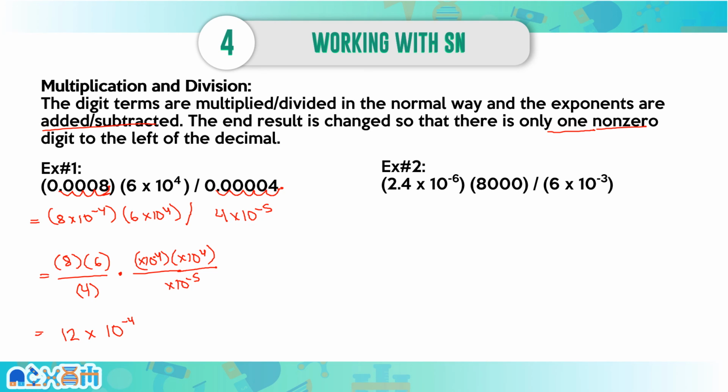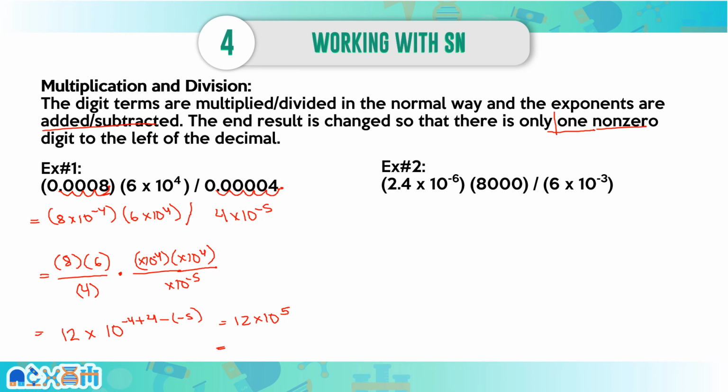Since they are on the upper part of this equation, it means you have to add them. Negative 4 plus 4. And then since this one is in the denominator, that would be minus, the value is negative 5. So minus negative 5. When you compute that, that will give you a value of 12 times 10 to the 5th.